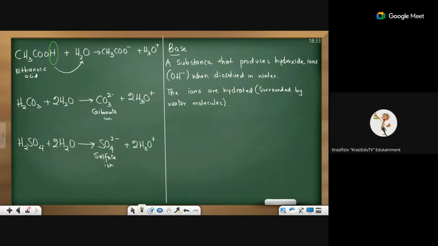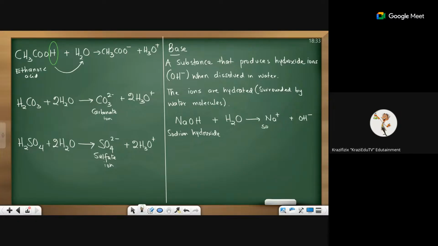Surrounded by water molecules. Example, NaOH, which is called sodium hydroxide. Now, because we are saying when dissolved in water, it means we are going to have water there. But what's going to happen here? This would give us Na+ and OH-.